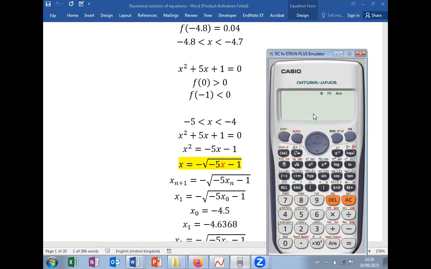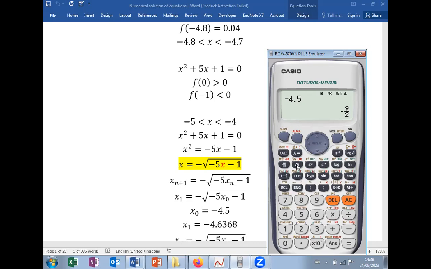And how do you use your calculator smartly? You just plug in the value of minus 4.5, and then you press equal to. This is your first input, and now you want your calculator to take every answer and make it the input of the next formula.